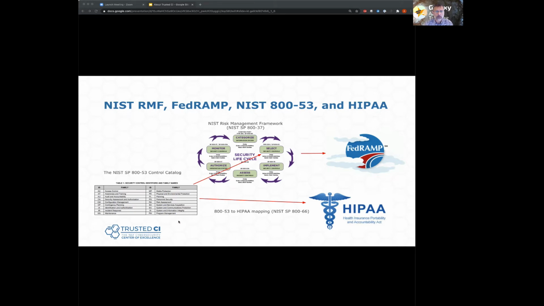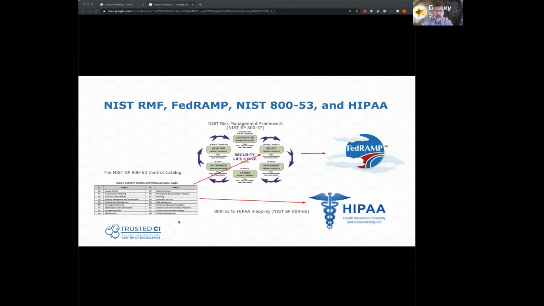Since I spoke about the NIST risk management framework, also known as RMF, in compliance, I think it would be useful to connect the various terms that you may have heard, such as FedRAMP, 800-53, which I described earlier, and HIPAA, and what the connection is between all of these different things.